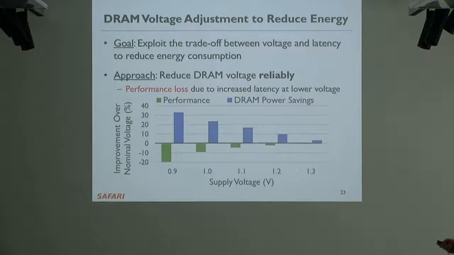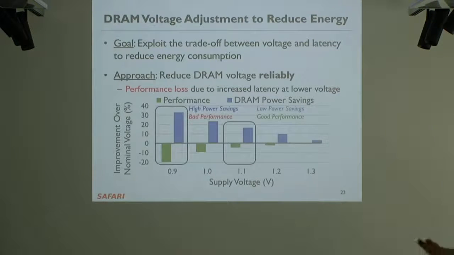Basically, here we pick the minimum latency that still keeps us operational for a given DIMM at a given voltage, and the latency increases, of course, as you go from right to left. That leads to some performance loss. But that also leads to some power savings. So clearly, there's a trade-off between performance and power in this case. And we don't want to be operating here because we do save a lot of power, but we lose a lot of performance. So we need to have a mechanism that controls the system.